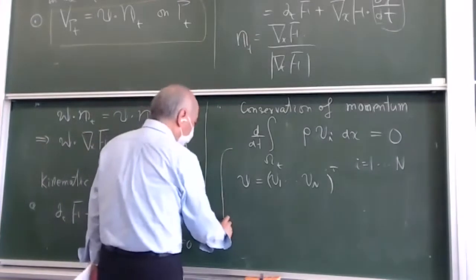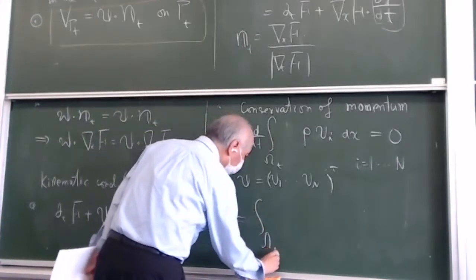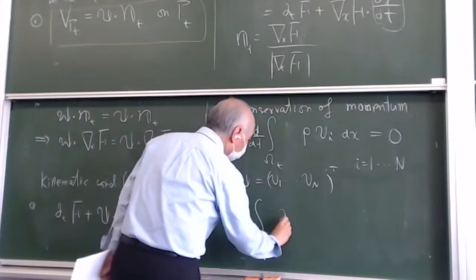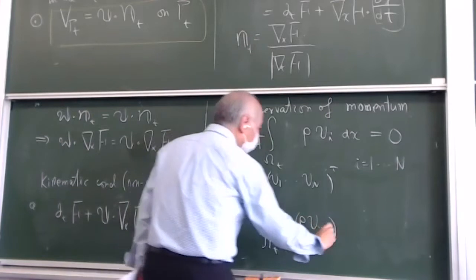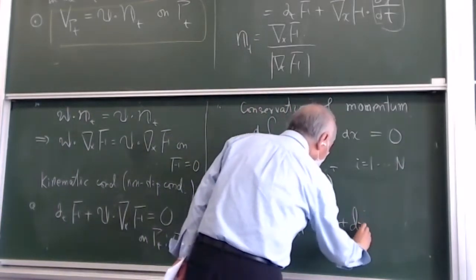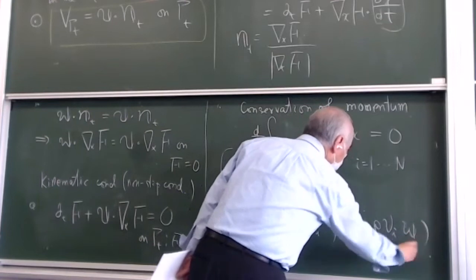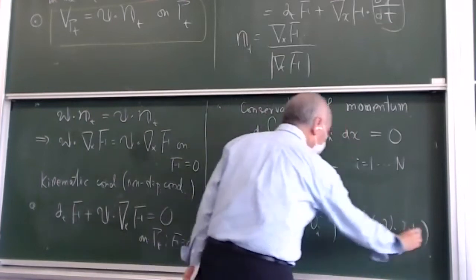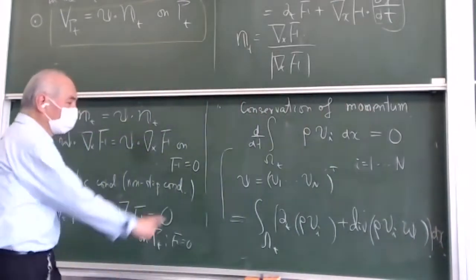So again by the Reynolds theorem, we can write inside d dt of rho Vi plus divergence of rho Vi W. It's the Reynolds theorem.